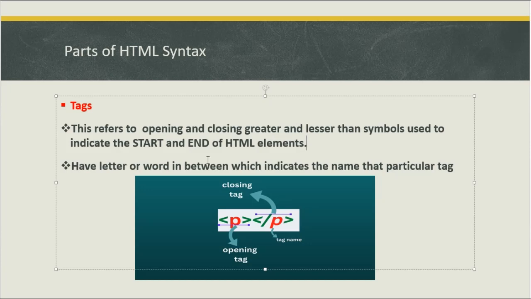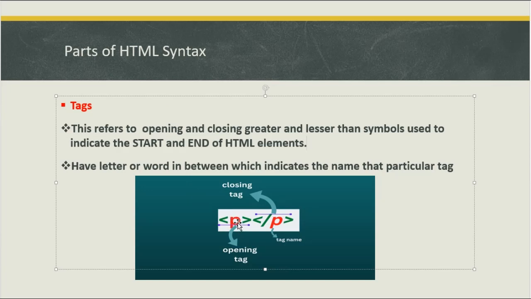Between these symbols, we have a word or a letter which indicates the name of that particular tag. For instance, here is an example of the opening and the closing tag. Between the greater than and less than signs, we have P, which stands for paragraph. In the last example, we saw the H1, which represents heading 1.